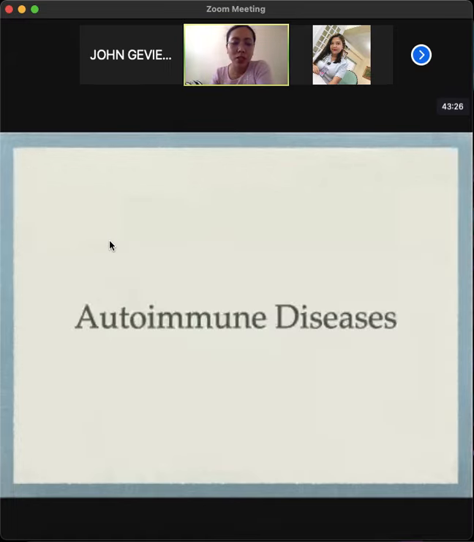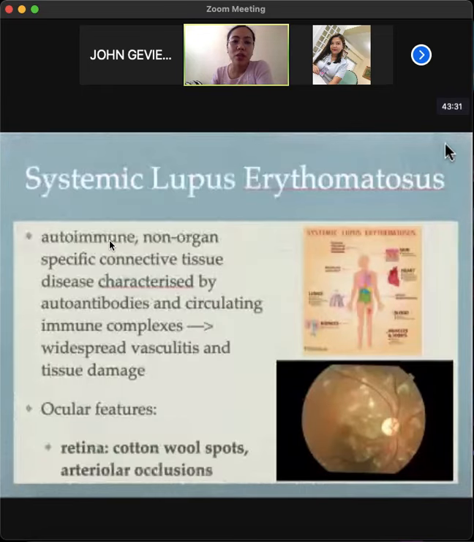Autoimmune diseases, of course, do not spare the eye. So also, very important, the SLE, which is a multi-system disease with autoimmune destruction of your normal tissues. Typical patients have associated symptoms systemically with your malar rash, photosensitivity, with arthritis. Eye manifestations would have vasculitis or occlusion on the retina. So you would see a lot of cotton wool spots.